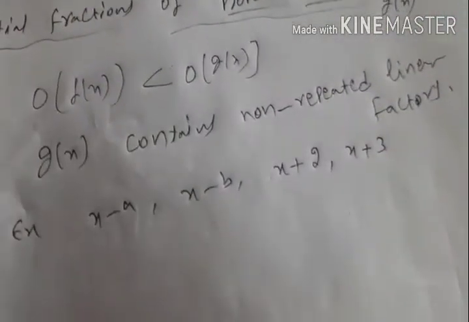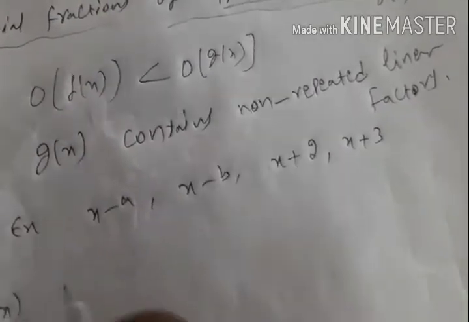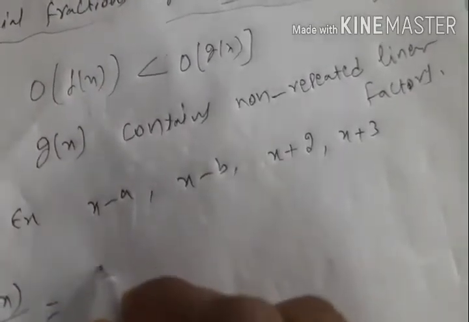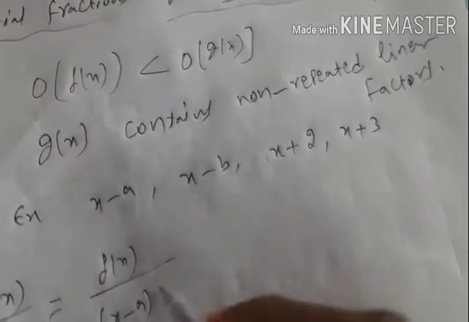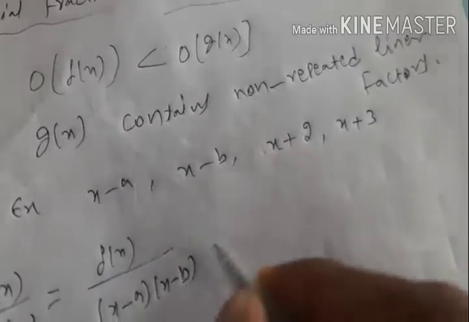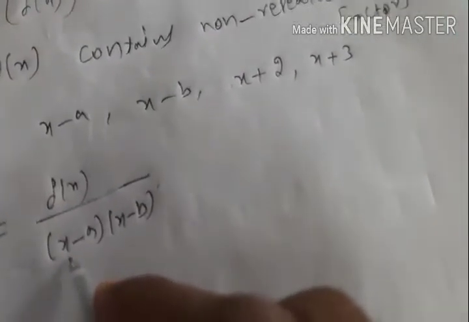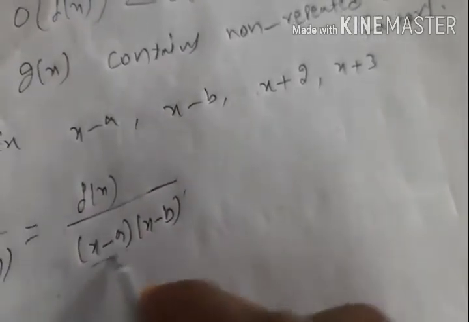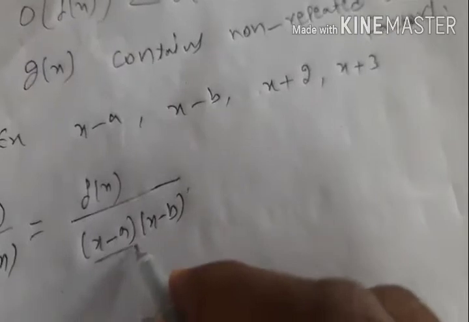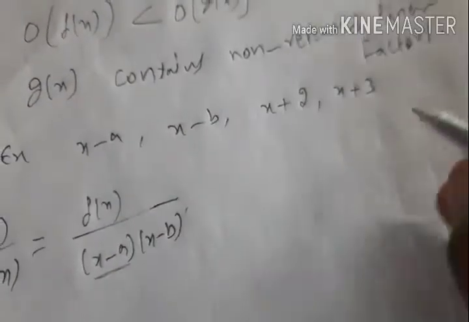Consider f of x by g of x in the form f of x by (x minus a)(x minus b). Here g of x has the two factors x minus a and x minus b. x minus a is a non-repeated linear factor and x minus b is also a non-repeated linear factor.